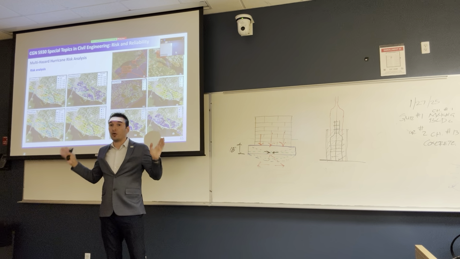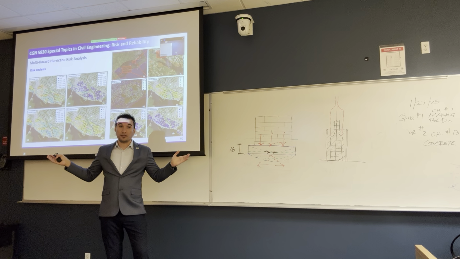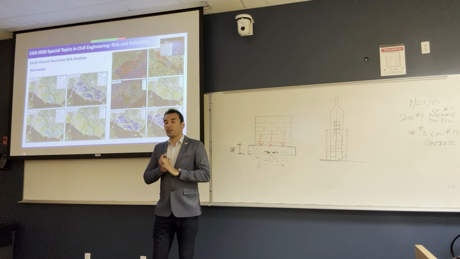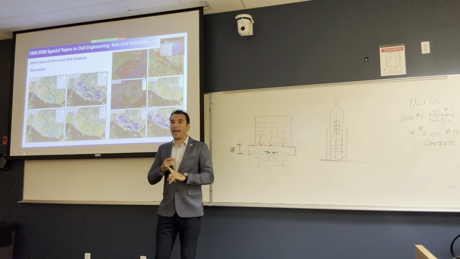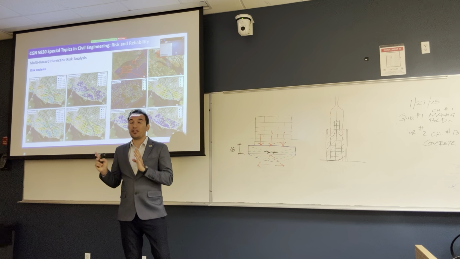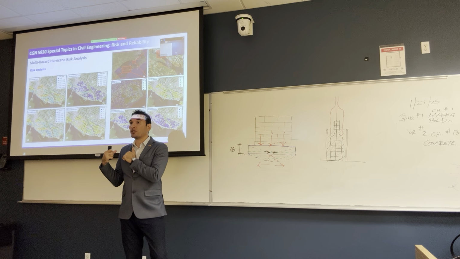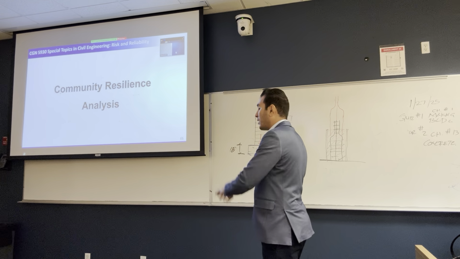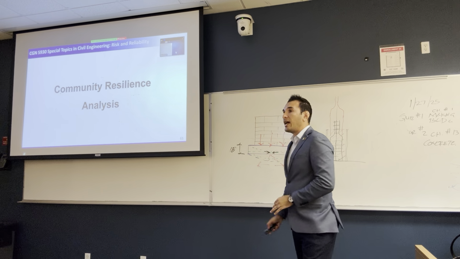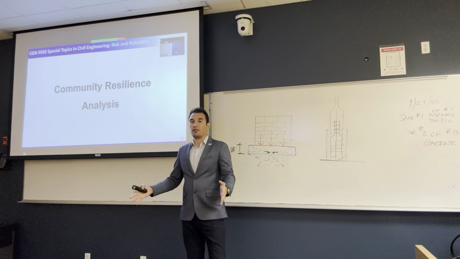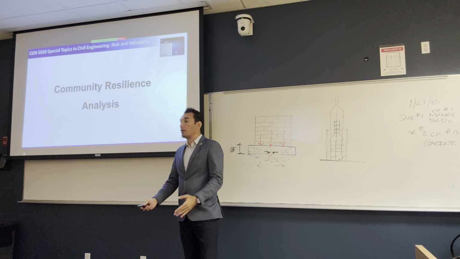Even maybe, I don't know, 30 years ago, it was something else. But right now, everyone is depending on cell phone services. You can take the gas network, sewer network, every network that you can imagine important to your functionality. So that's why right now we are going to talk about community resilience analysis. And when we talk about community resilience analysis, it's beyond building level and it's beyond damage, okay?